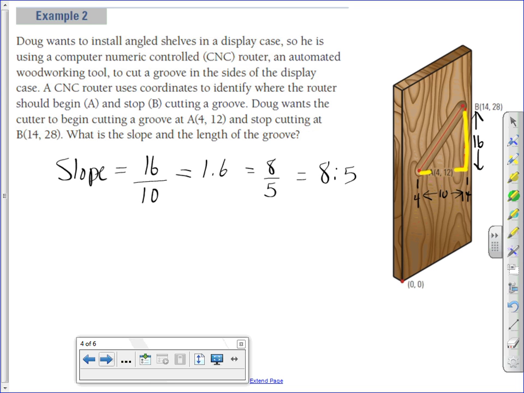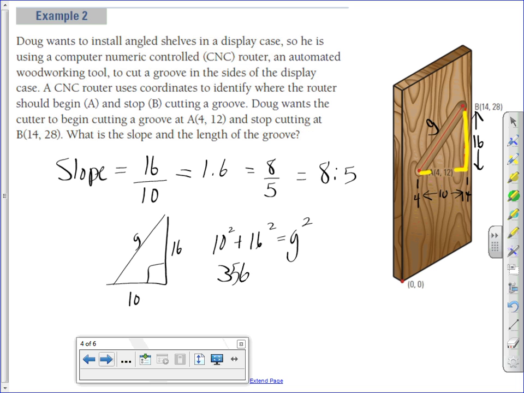We're also supposed to figure out the length of the groove, so I'm just going to use the letter G to represent that. We essentially have a right triangle, where that's the length of the groove. The run is 10, the rise is 16, so we would use Pythagoras' theorem to determine the value of G. 10 squared is 100, 16 squared is 256, so you end up with 356 equal to G squared, and then you would use your calculator to square root that number and get the answer.